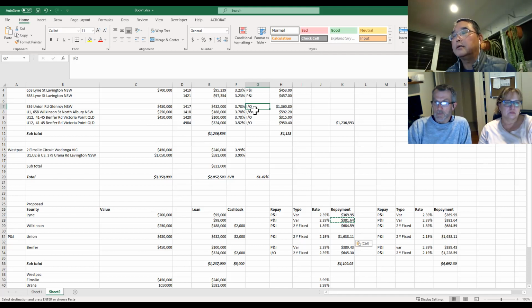That's another factor you need to consider, which means it's likely that the repayment is not permanent, because there's an interest only term.